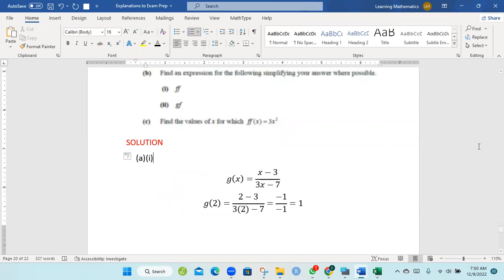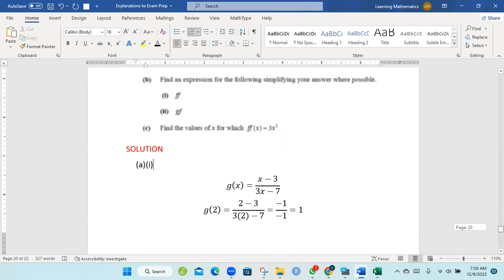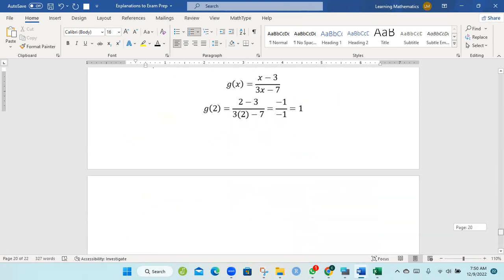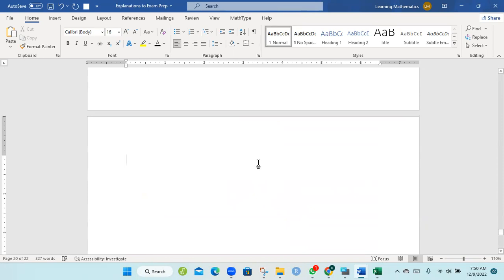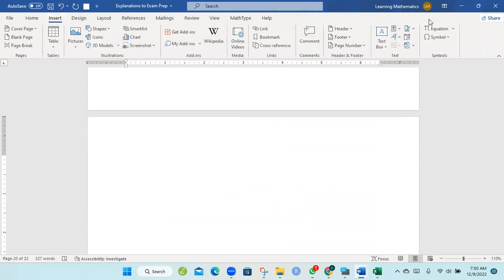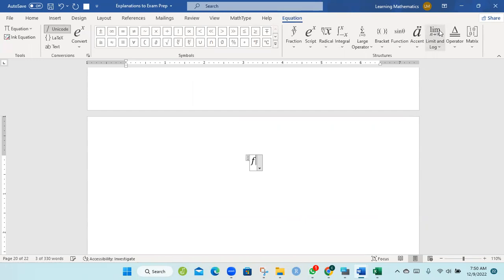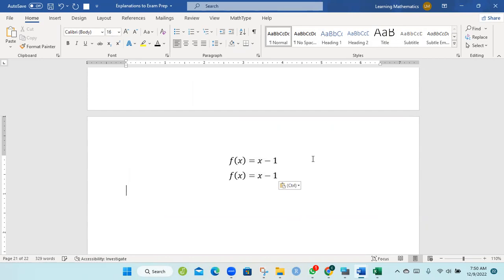So part 2 now, we're going to prepare f. f of x is equal to x minus 1. So now we can find what is f of g of 2.